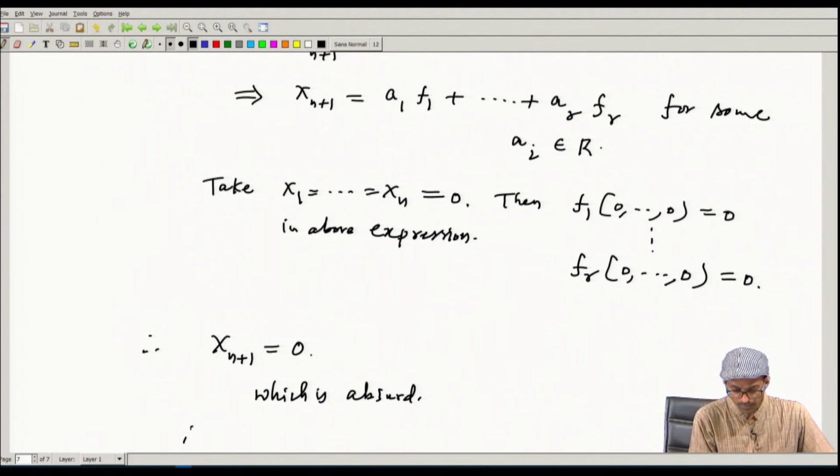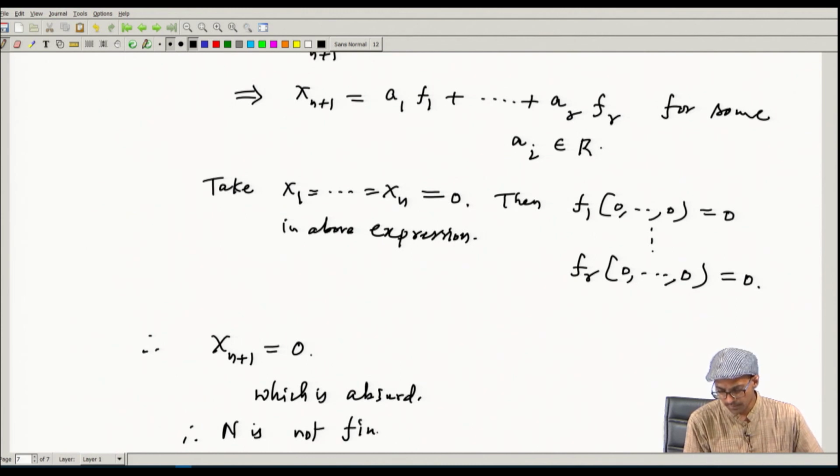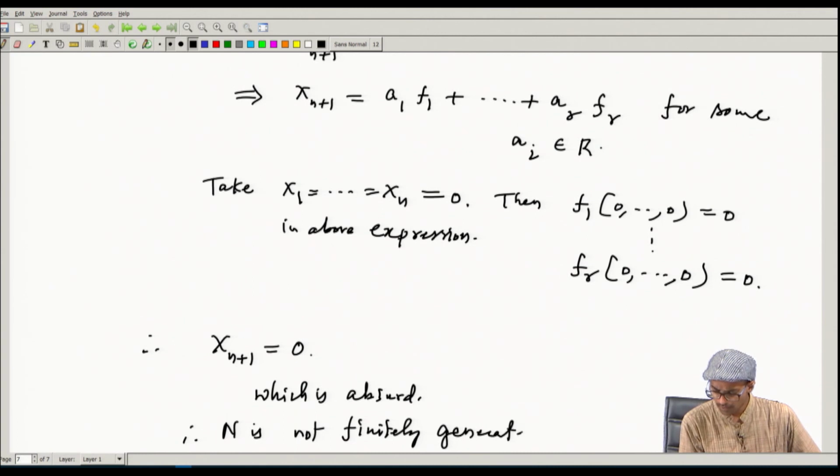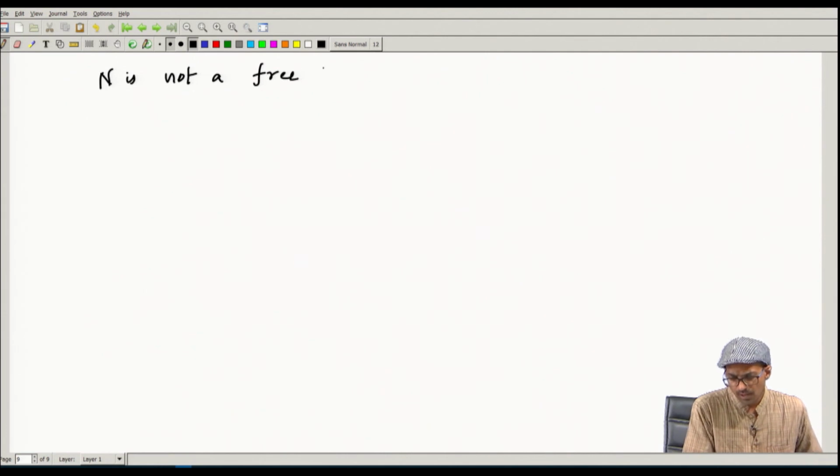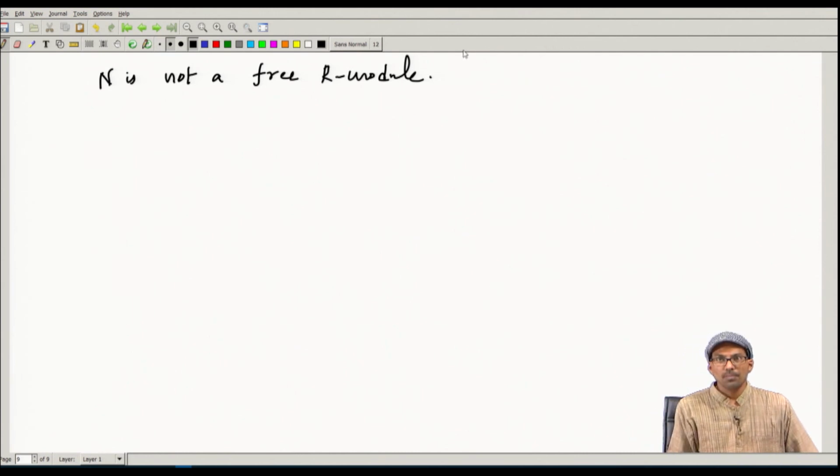So, therefore, N is not finitely generated, and N is not even a free R module. Why? Because N is not finitely generated, therefore N is also not a free module.